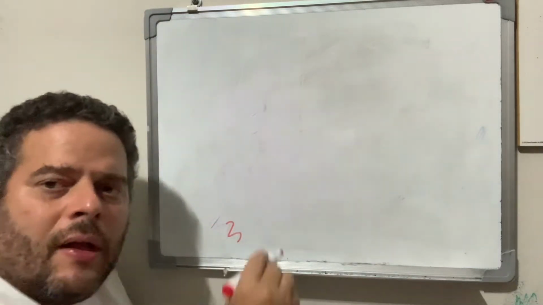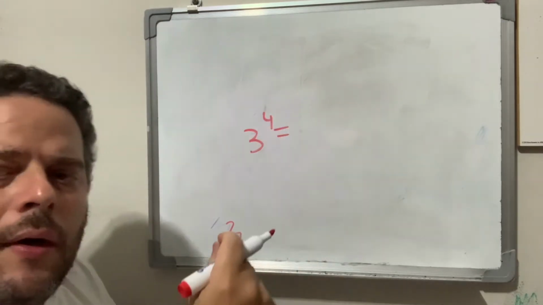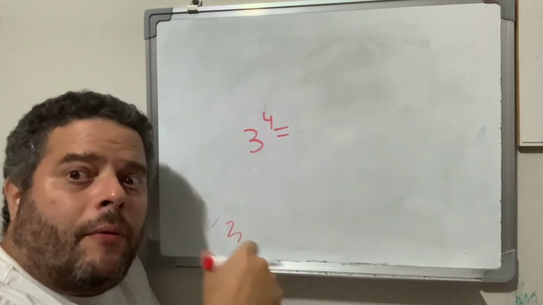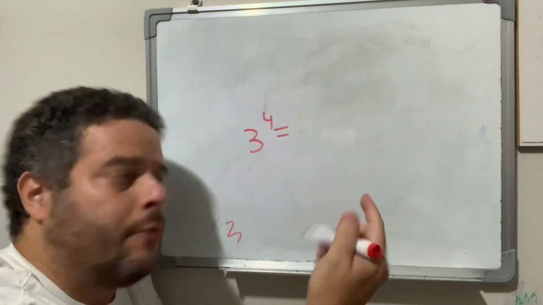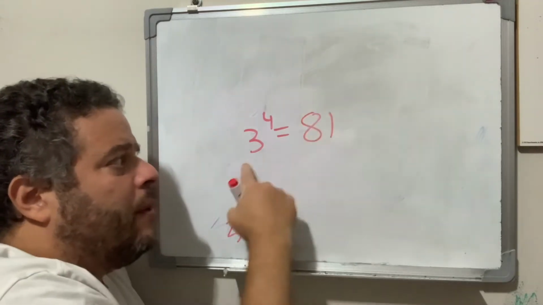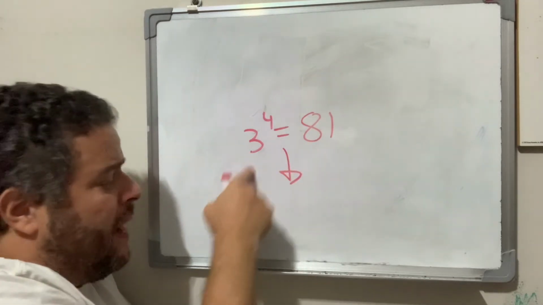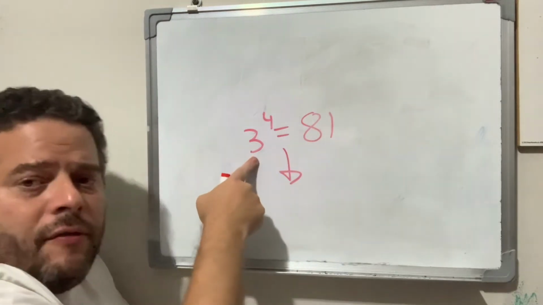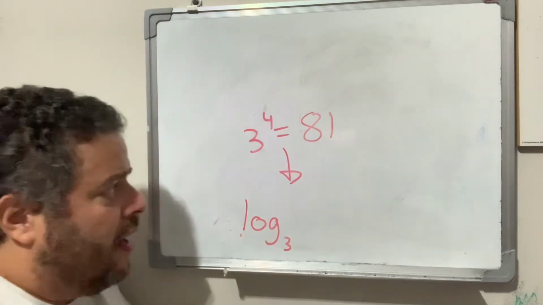Okay, here we go. Let's say we have 3 to the 4th power. Again, 3 to the 4th power is 81. 3 times 3, 9 times 3, 27 times 3, 81. If I'm going to convert this to logarithmic, again, the base of the exponential function gets set as the base of the log.